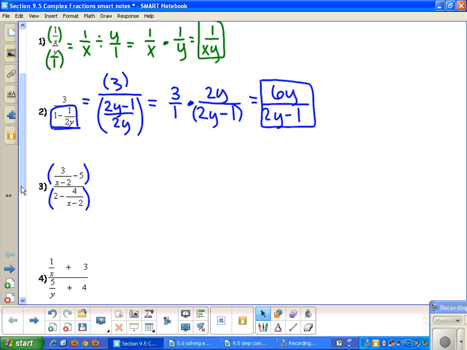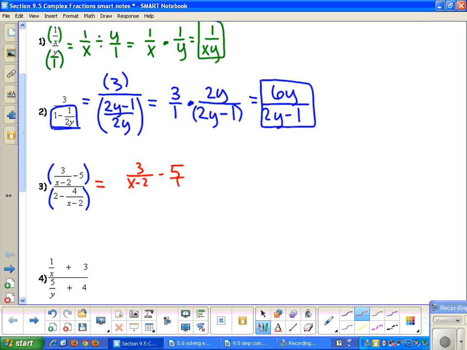The first way, you're going to want to just look at the numerator first, and we're going to deal with that one. If I look at just the numerator, I have 3 over x minus 2 minus 5. I want to combine this into one fraction, so I need my least common denominator. This 5, remember, is really over 1, so what's common between x minus 2 and 1?